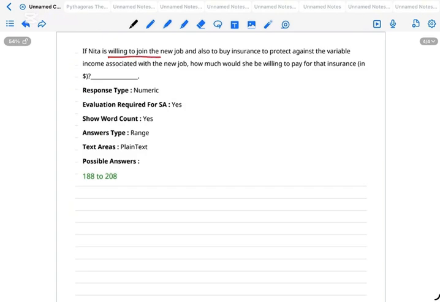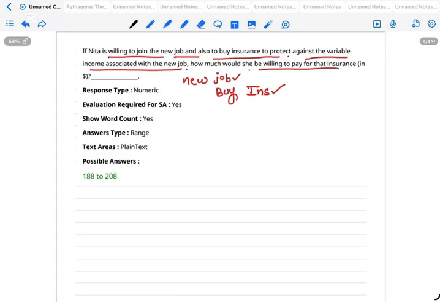Now, suppose she joins the new job and also buys insurance to protect against the variable income associated with the new job. How much is she willing to pay for the insurance? The first equation is the square root of 10I.